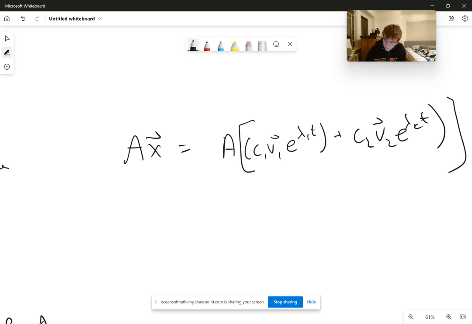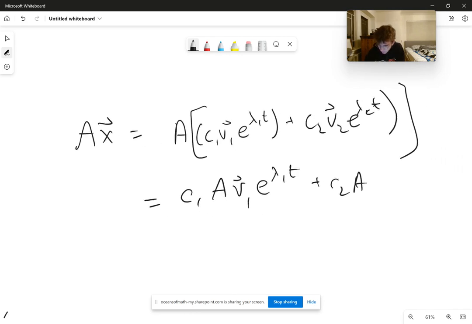And now we can apply distribution for the matrices here. And so we're going to get c1 A v1 e^(lambda 1 t) plus c2 A v2 e^(lambda 2 t).